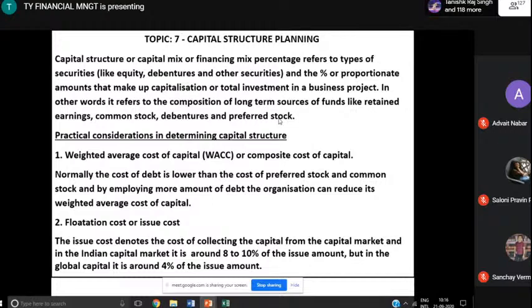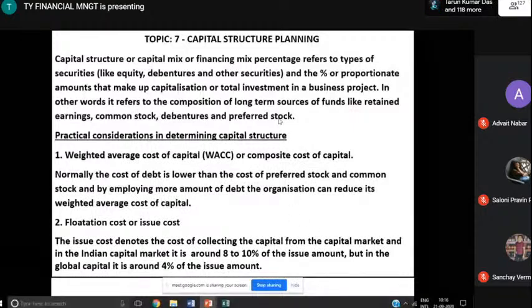Weight is nothing but proportion, percentage. Very good. Percentage of equity into cost of equity. What is percentage of equity? Weight of equity. You have written WE and KE. Remember WE into KE plus WD into KD. Refer back the chapter 1 notes.